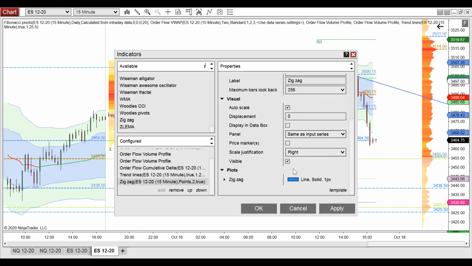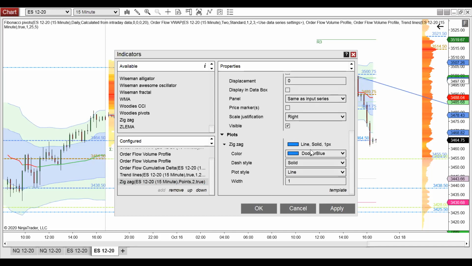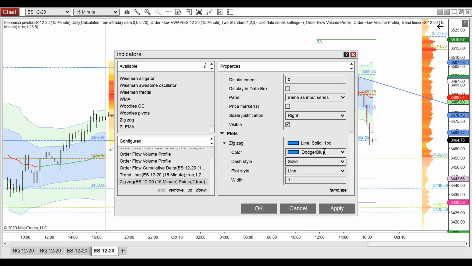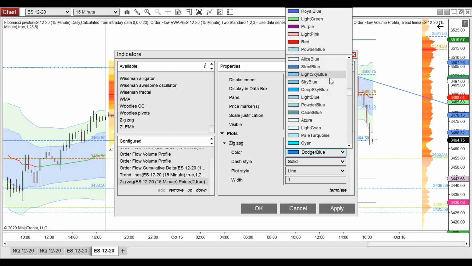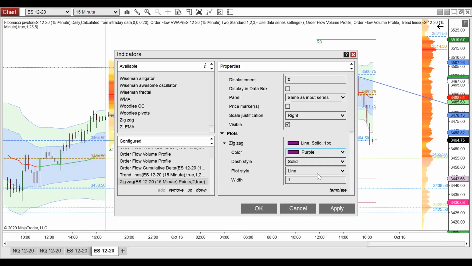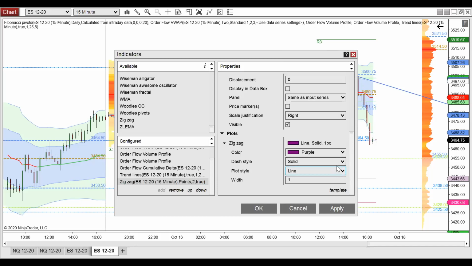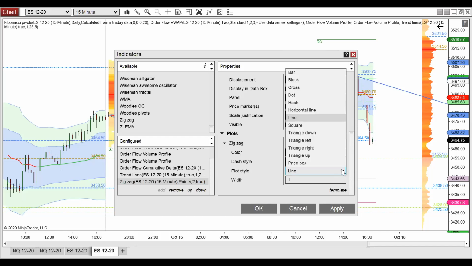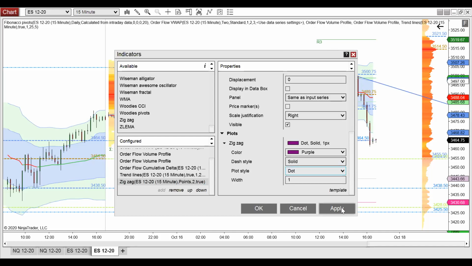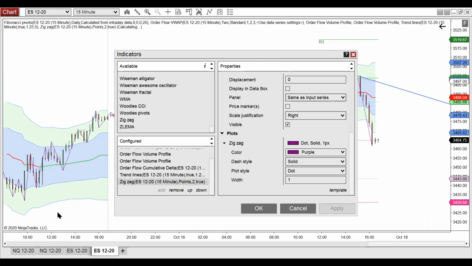And I want to make these a different color. Everything is blue. Let's just do it in purple. I don't know if I want solid line or dash. Let's just do a solid line and then dot. Let's see what happens. So okay, it would look like that.